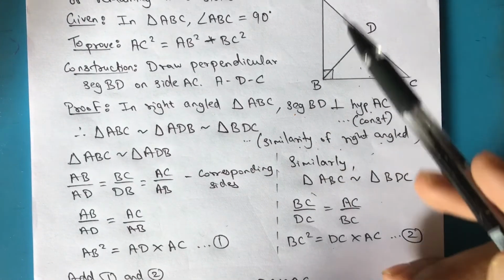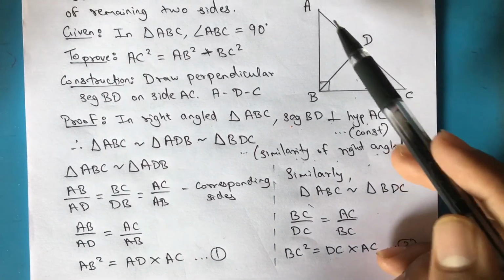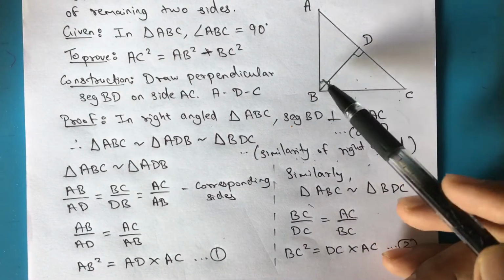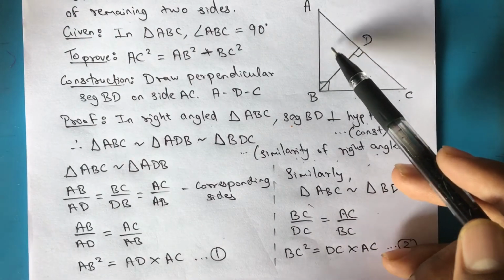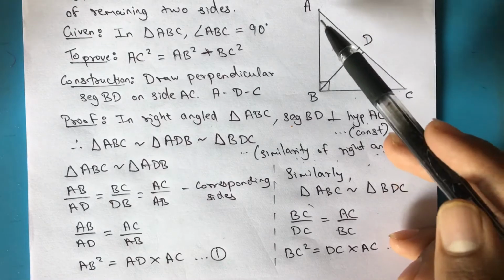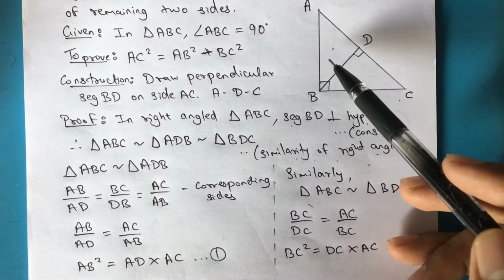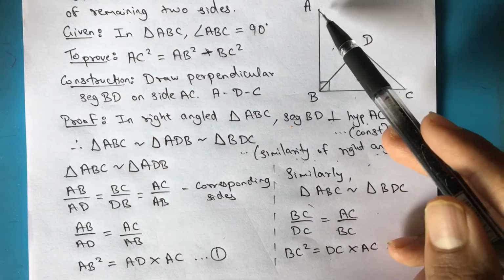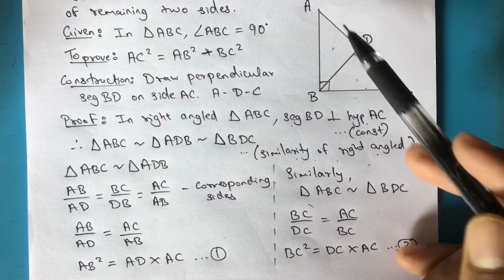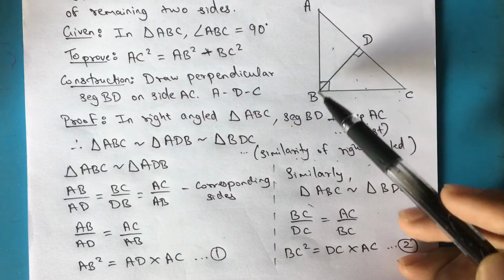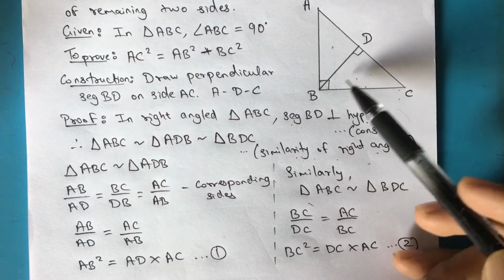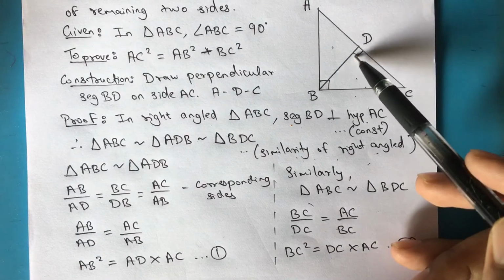First we will take that ABC is similar to ADB, the upper triangle. If these two triangles, this bigger one and the smaller one ADB, are similar, then we will say that AB upon AD is equal to BC upon DB.